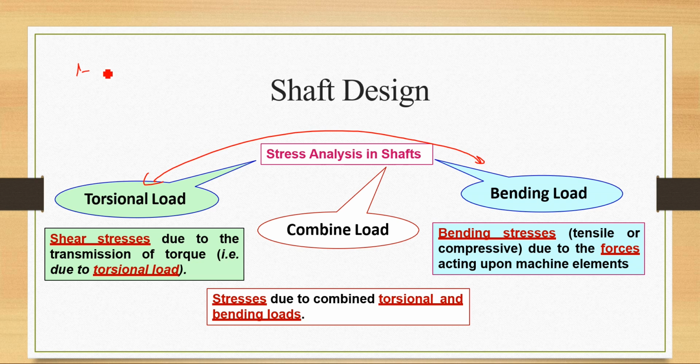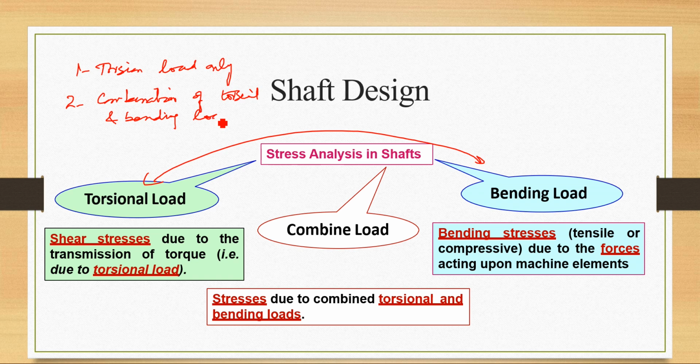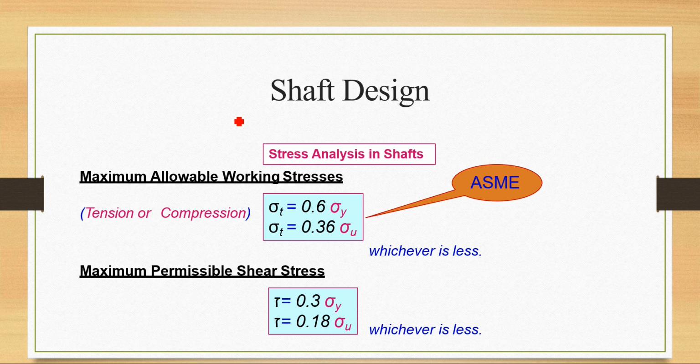Clear? So one case is torsional load only, and the second case is the combination of torsional and bending load. So we can have only two cases.